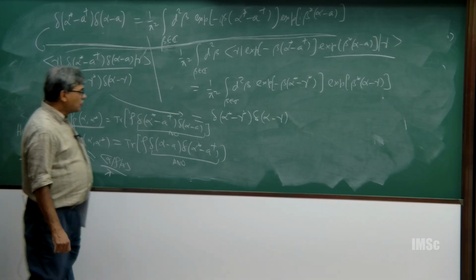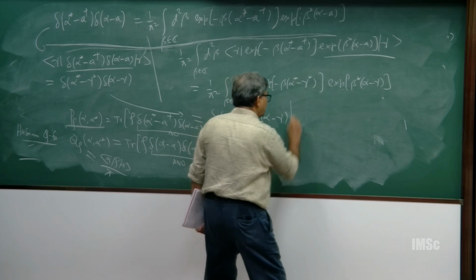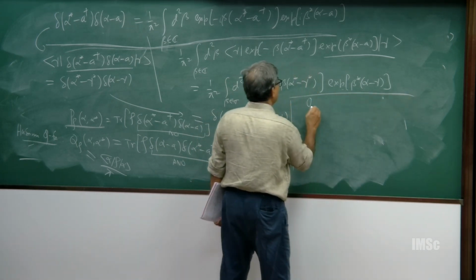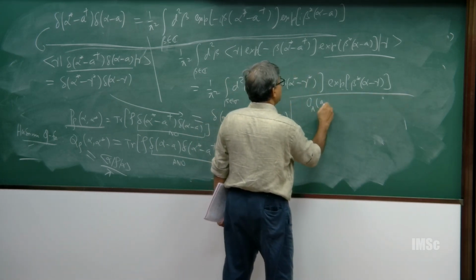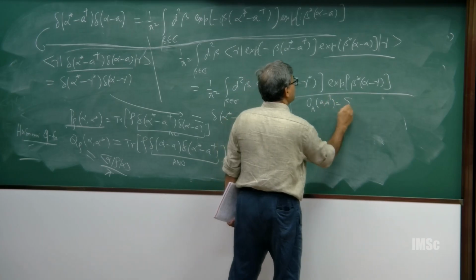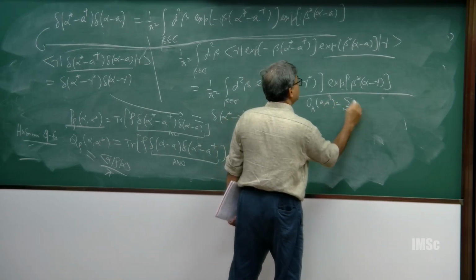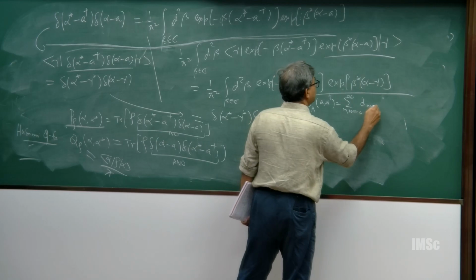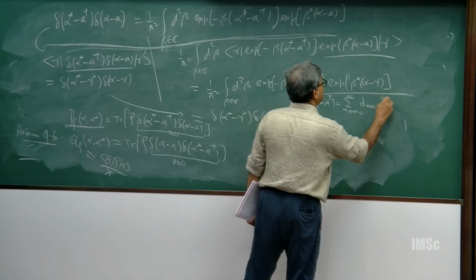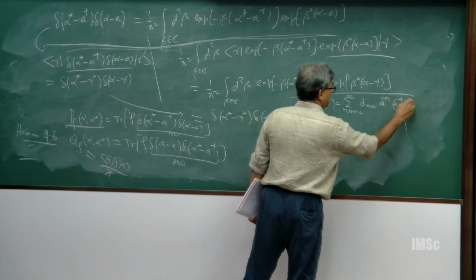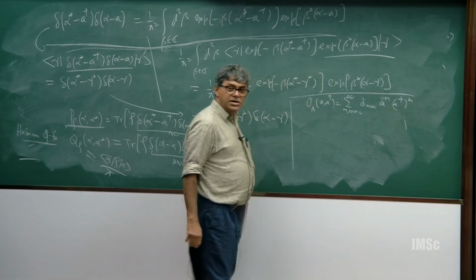And once again, if you take some anti-normally ordered operator O of A, A dagger, which is the sum over n and m equal to 0 to infinity of d of n m, A to the power n, A dagger to the power m. So, this is anti-normally ordered.